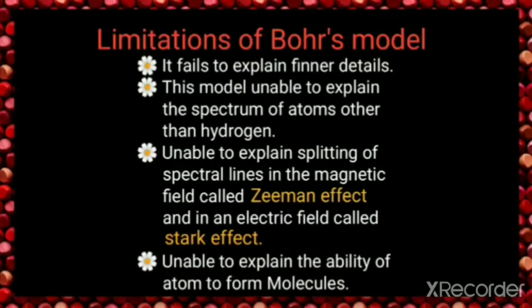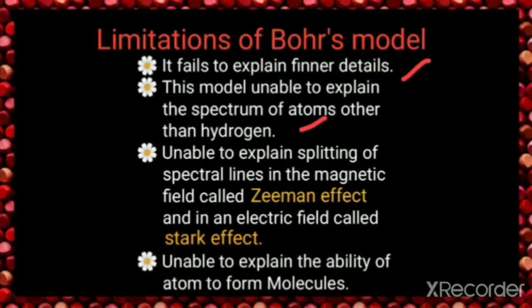But the Bohr model failed because there are some limitations in his model. Let us check the limitations of Bohr's model. It fails to explain the finer details of the atom. This model is unable to explain the spectrum of atoms other than hydrogen, because it was mainly proposed for the hydrogen atom.